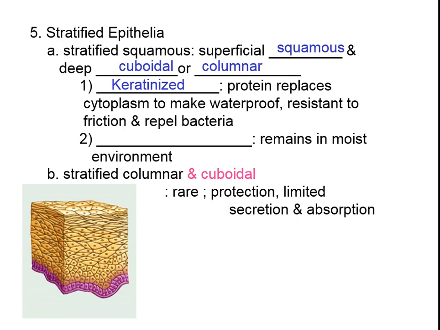Sometimes stratified squamous is keratinized. That means that as the cells move towards the surface, their cytoplasm is replaced with keratin, and keratin is a waterproofing protein. Your skin is keratinized stratified squamous epithelium, so that by the time you get to the outer surface, really these outer apical cells are dead.